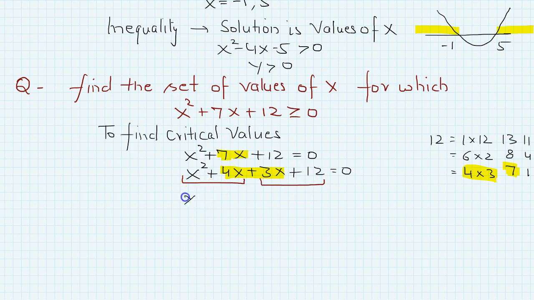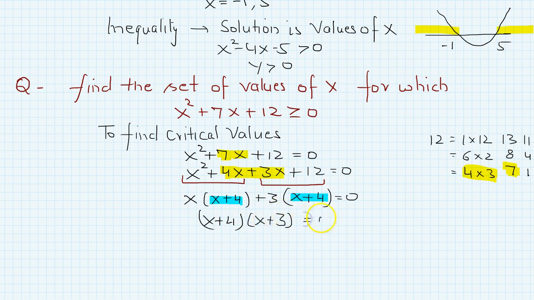So we take x common here: x plus 4. And here 3 is common, so we have x plus 4. If you are doing it correctly, you will always find the terms in the bracket are the same. So now x plus 4 is common, and the remaining is x plus 3, equal to 0.